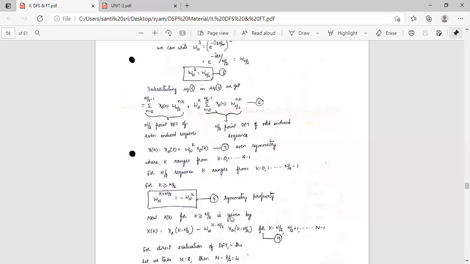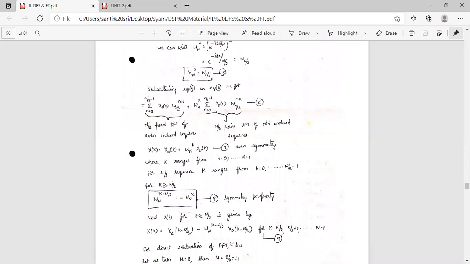Okay, using symmetry property, this X(k) can be replaced by X_e(k minus N/2) minus W_N^(k minus N/2) into X_o(k minus N/2). So this k is replaced by k minus N/2, right? Using symmetry property.